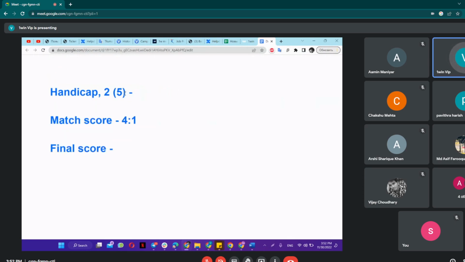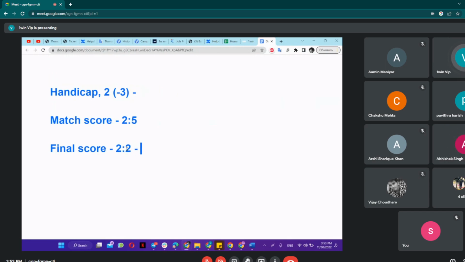For example, we are betting that the second team will win, including handicap minus 3. And the condition will be like this. Tell me what will be the final score? 2 to 2.